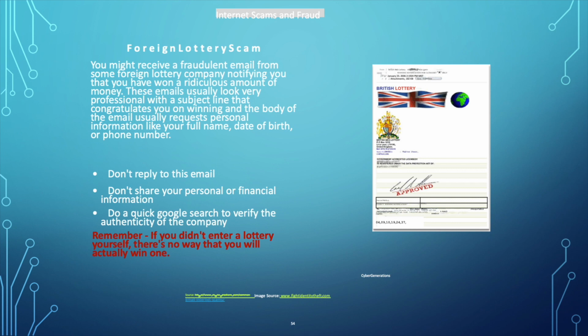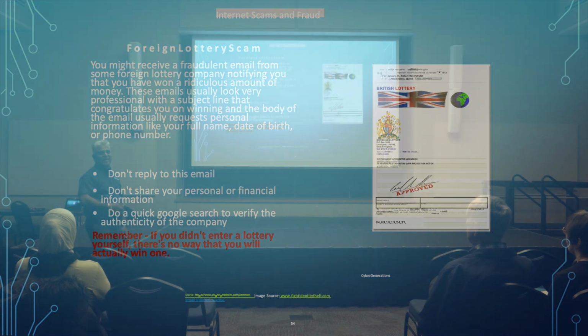This, I think, has dropped out a little bit, the foreign lottery scam. It used to be very prevalent a couple of years ago. What it is basically, this one shows the British lottery, and I swear it's not the British lottery that does this, but the British lottery or any other organization in the world that says, you have won X number of dollars.